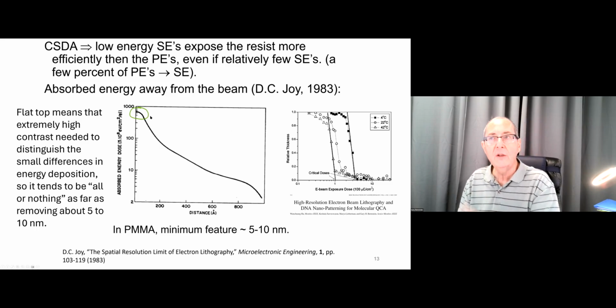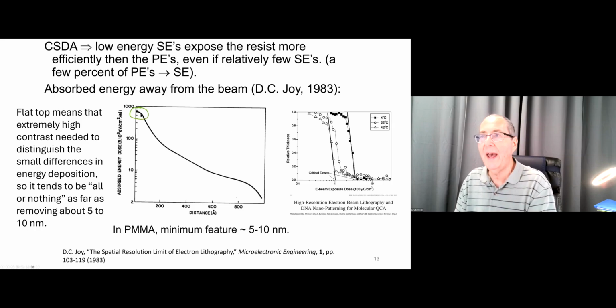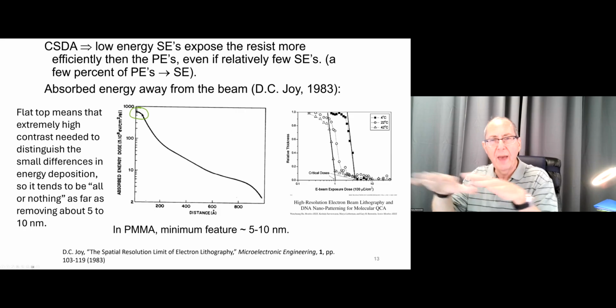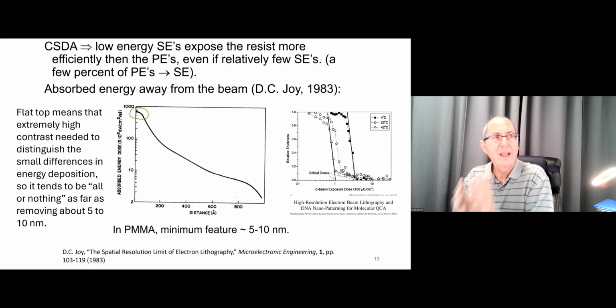So for reasonable resists with a reasonable developer and contrast, you pretty much are stuck with this fairly uniform energy deposition for a distance of 5 or so nanometers.